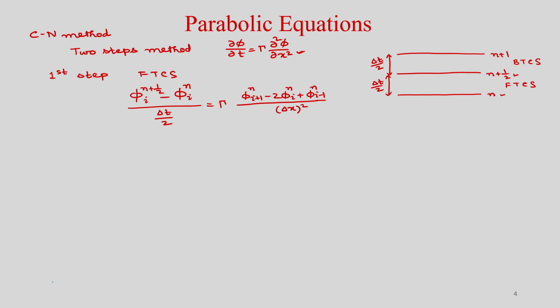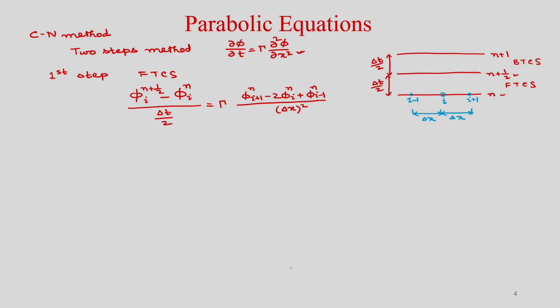So, if you see the grid points, at n to n plus half you are moving. Now you use this as point I, this is your I plus 1, this is your I minus 1, and a constant step size delta x you are using.